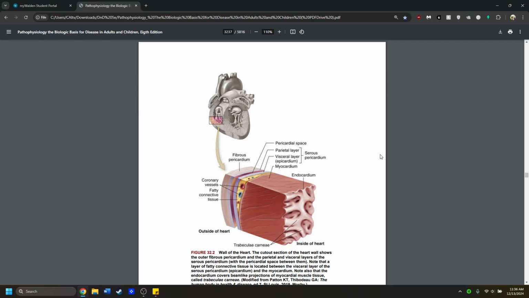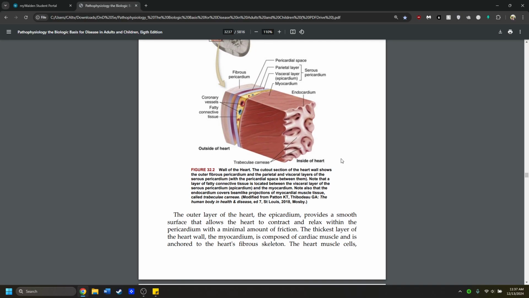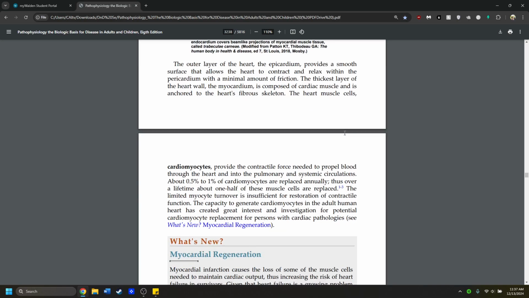We also have a pericardial space, and then we have on more of the inside of the heart the serous pericardium, which has the parietal layer, the visceral layer, and the myocardium, all attaching eventually to the endocardium. And then on the very inside of the heart, it looks like they have a trabecula carneae. Say that 3 times fast.